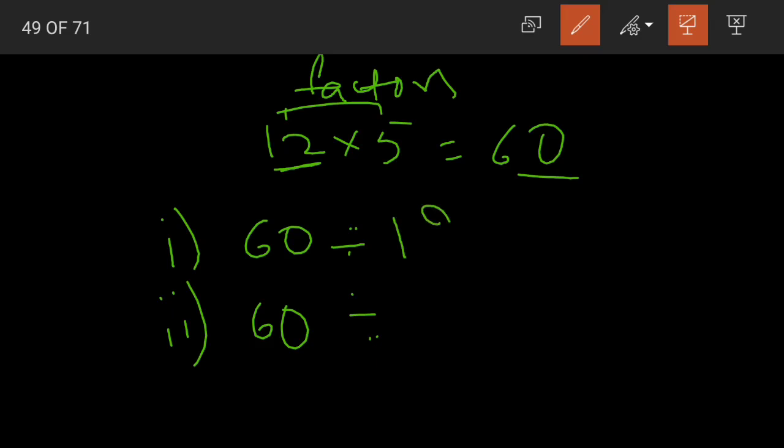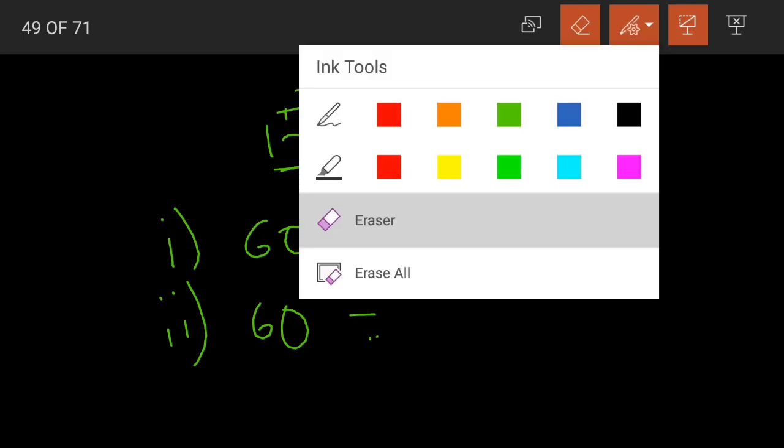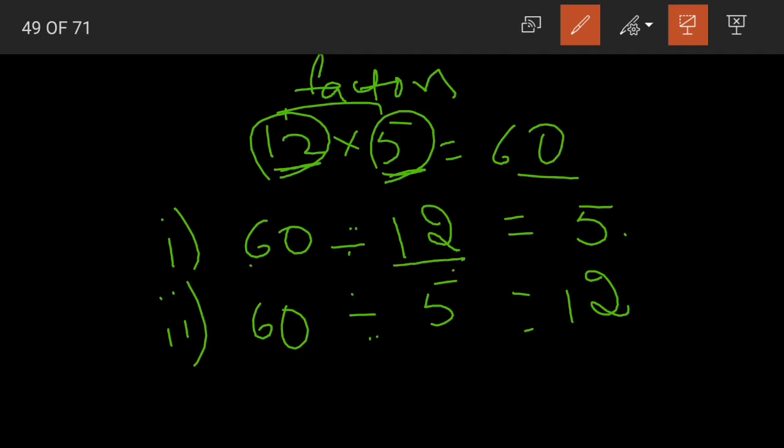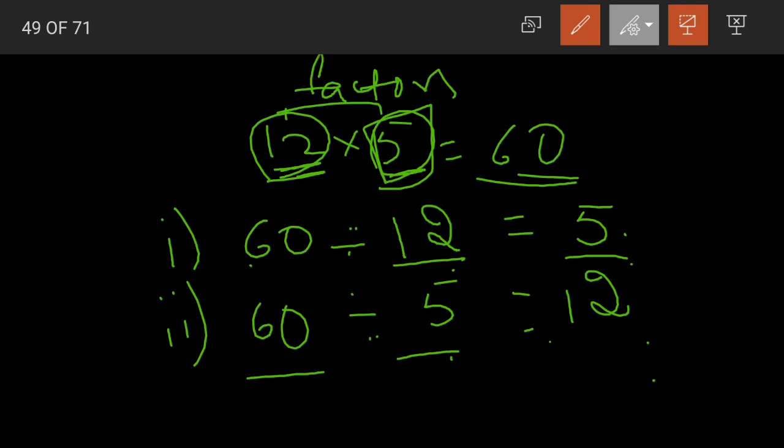If I am taking the factor 12, then my quotient will be the other factor, that is 5. Okay, now if I am dividing 60 by the factor 5, then my quotient will be the other factor, 12. Clear children? 60 divided by 12 will give me 5 and 60 divided by 5 will give me 12. That is, product divided by one factor will give us the other factor here.